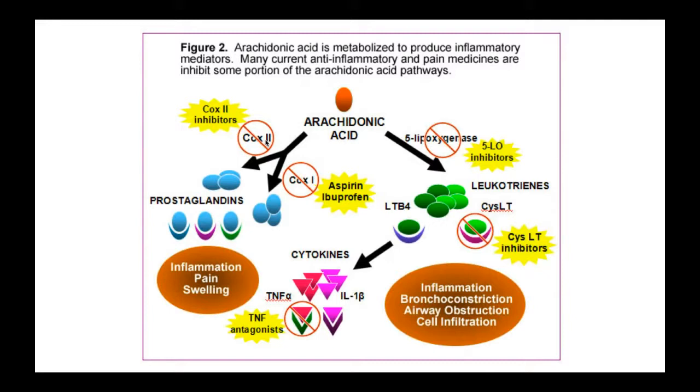So we have arachidonic acid that's in every cell membrane. Every cell membrane, you have phospholipids, and within the cell membrane is also arachidonic acid. Some people have more arachidonic acid, some have less.